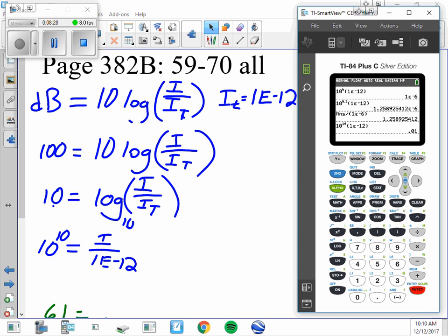Does that make sense? We could do the same thing for 101 decibels, insert 10.1, and we end up with that same 25% increase. So for every decibel increase, you have to increase your power 25%.